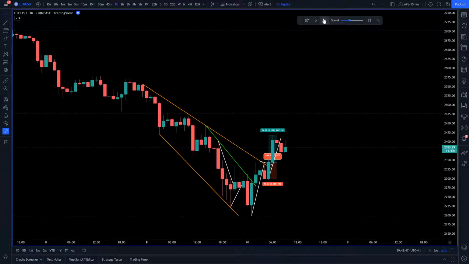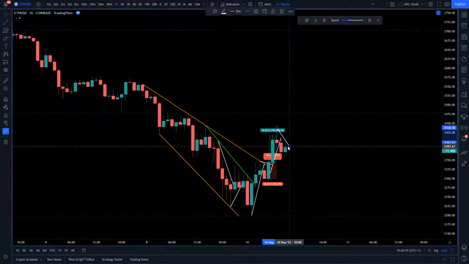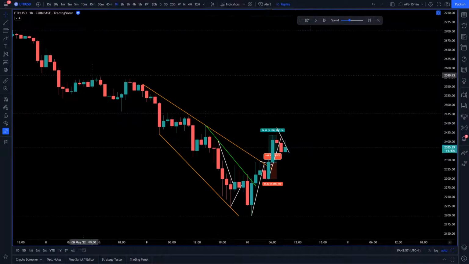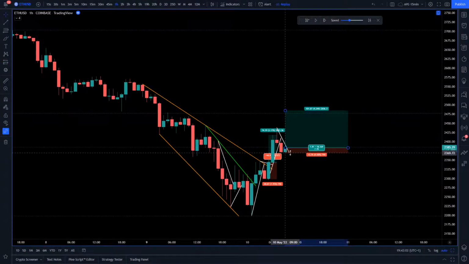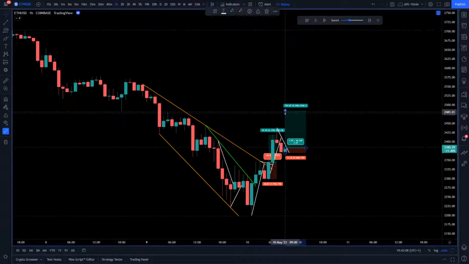So let's fast forward, and now we can see that the 1 hour is trying to move up again. So what do we do? We put a long, with stop loss at this point, and we will see what happened.